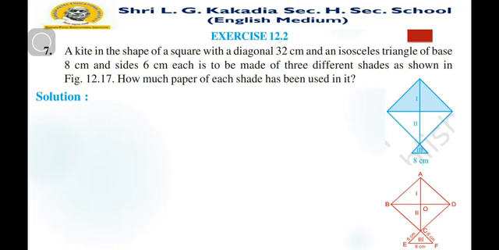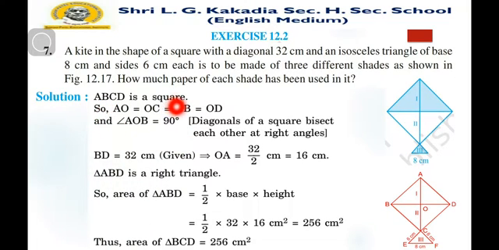Let us give names to the vertices of the given kite: A, B, C, D, the intersecting point O, and the vertices of the base E and F, and let us write the length of all the sides.